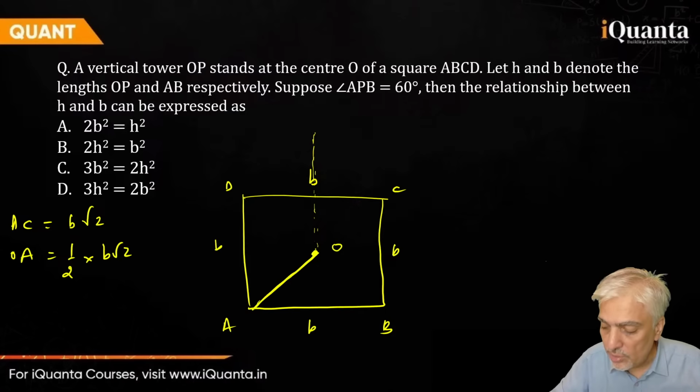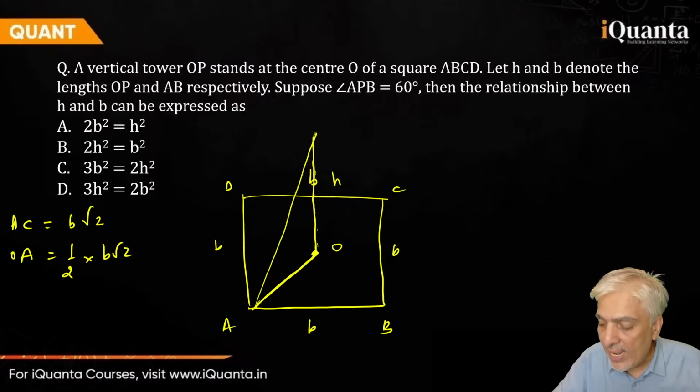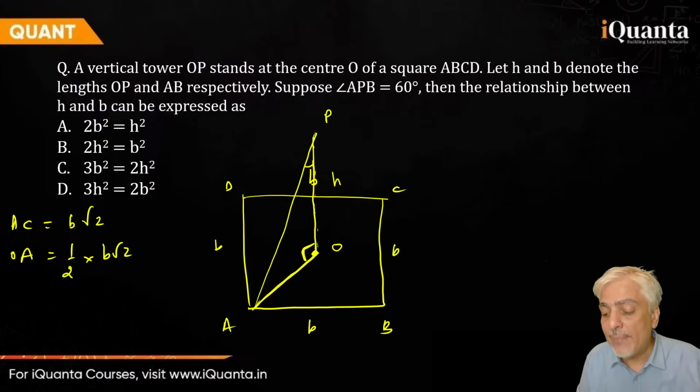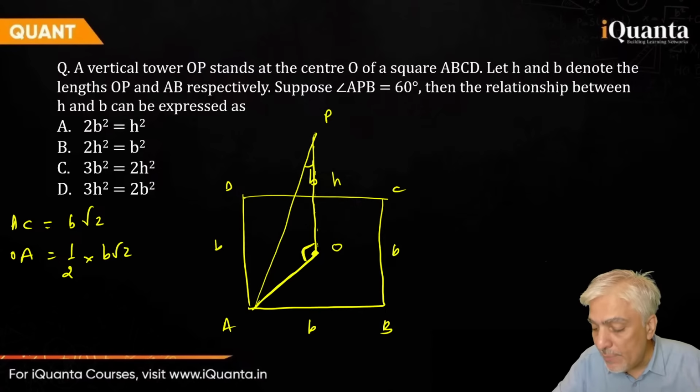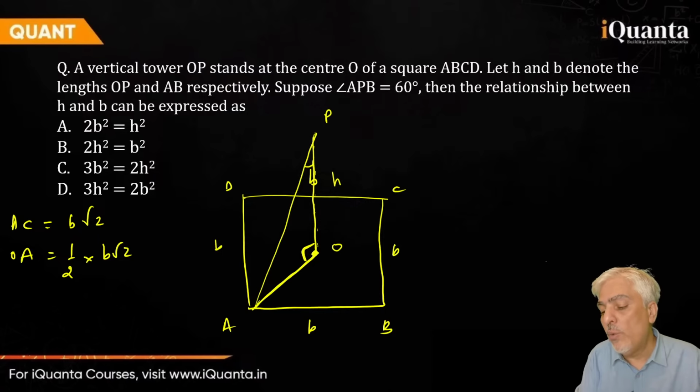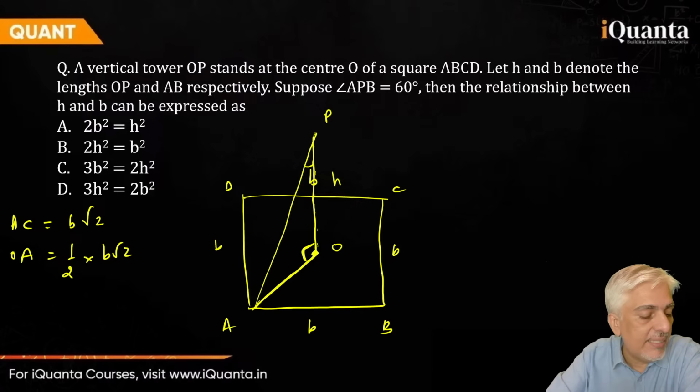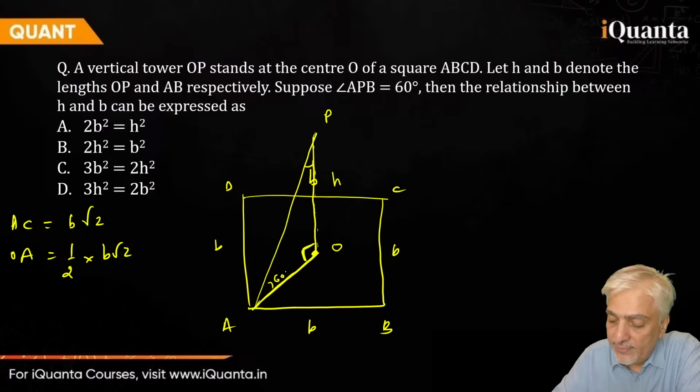This is H. And they have told us angle APB is 60 degrees. So APO will be 30. So it will become a 30, 60, 90 triangle. And then you will get the relationship.